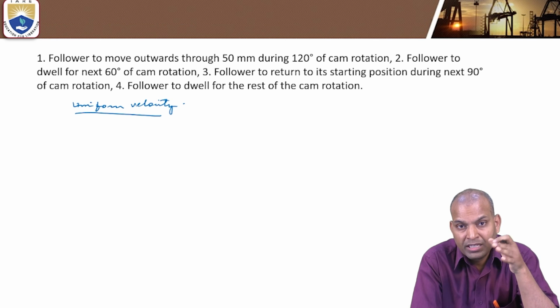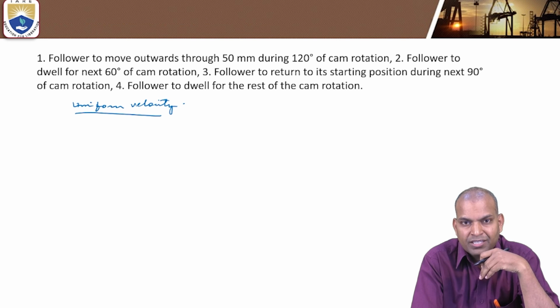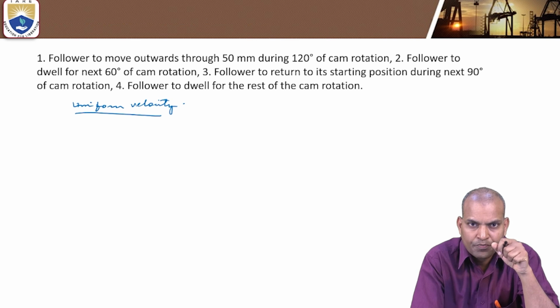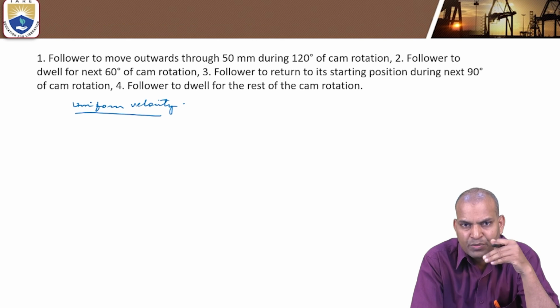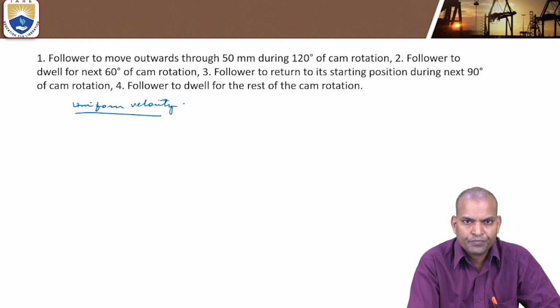Similarly, during return stroke, what is the maximum retardation? So it again comes under the displacement of the follower. From that, we find the maximum velocity and maximum acceleration of the follower. That is related to the follower concept.